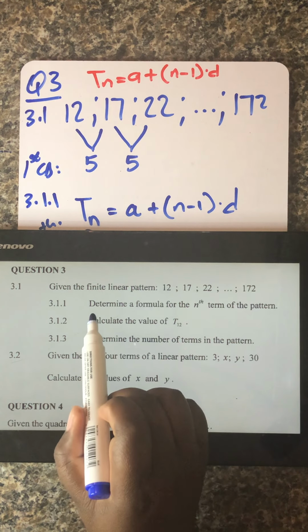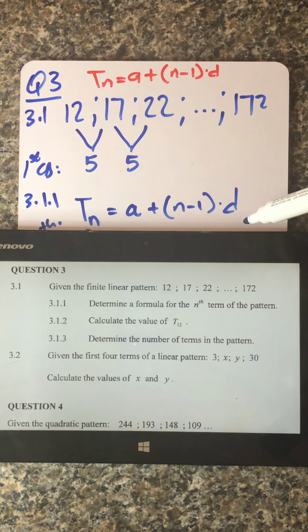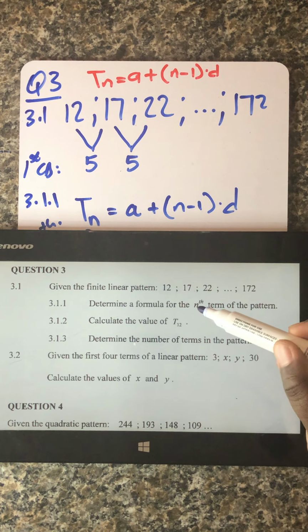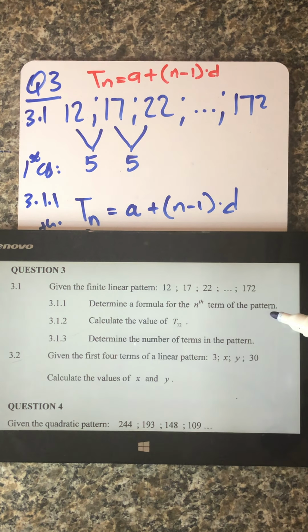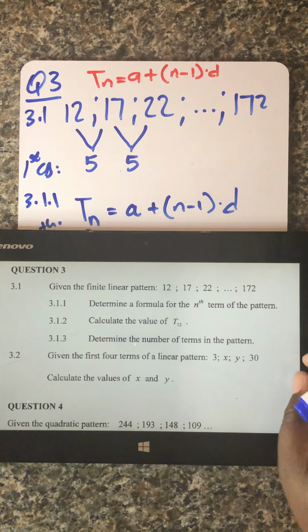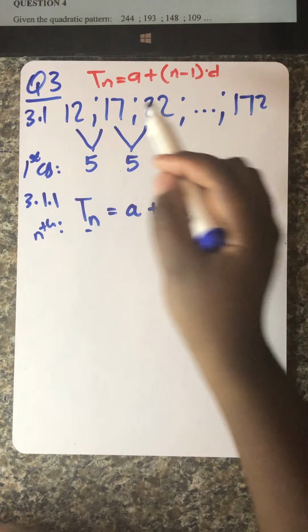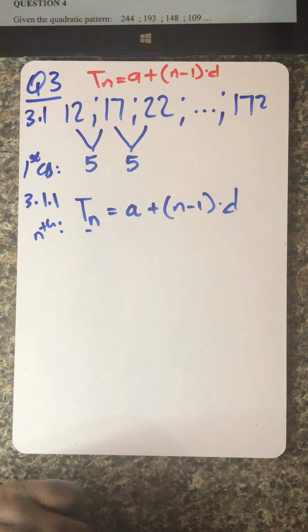So that statement from determine up to the nth term, this is the formula. But now they say nth term of the sequence. Which sequence? That sequence. Very, very much important, guys. That means we're going to use the information of that given pattern to now determine the nth formula.